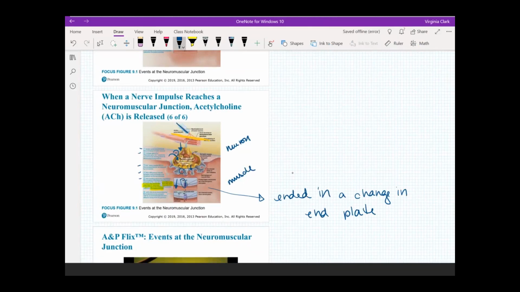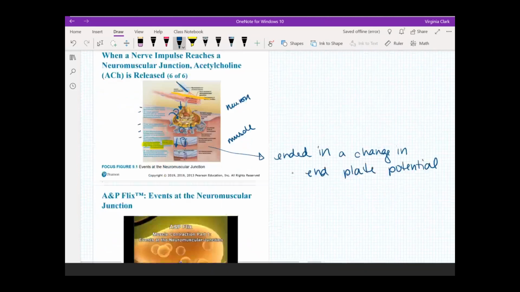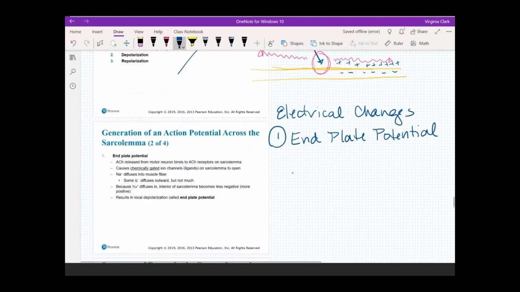That is how this whole thing ended. So now how we're starting the next one is we're going to start with an end plate potential. So at this point, we have our ACH, and the ACH will bind to our sarcolemma.